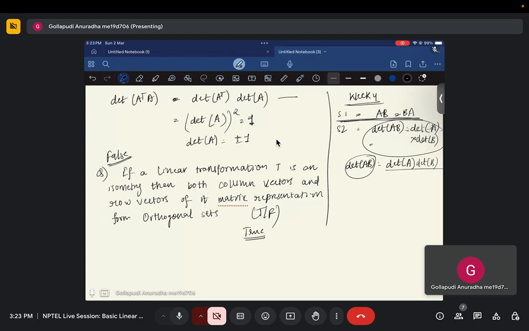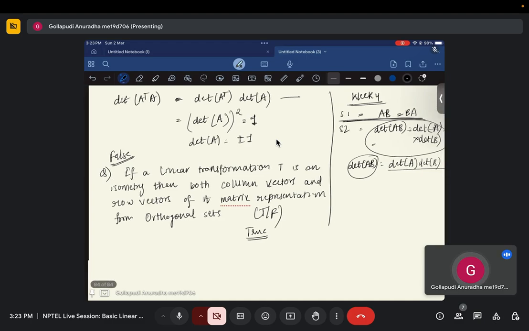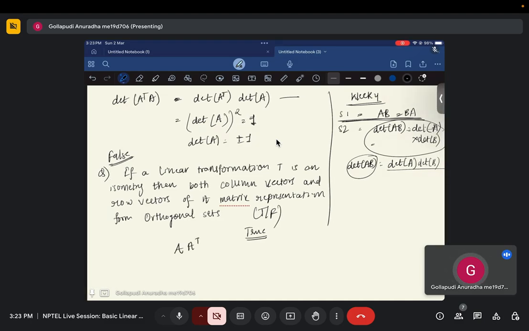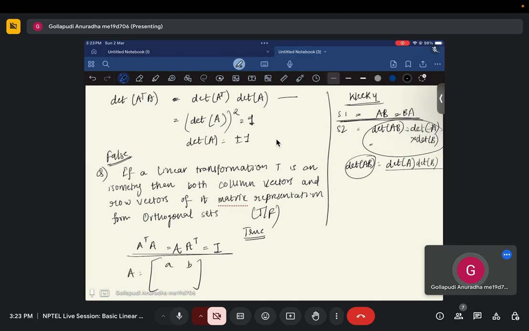Because an isometry preserves length and angle. So what will happen? As we saw, if the matrix representation is orthogonal, for example, suppose I'm taking A as a b c d, and then A transpose will be a c b d.